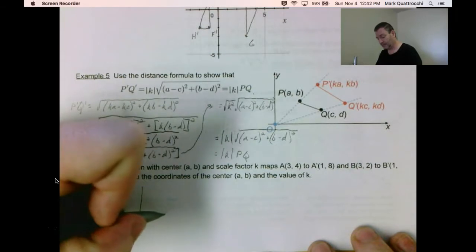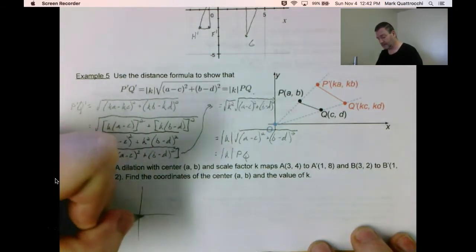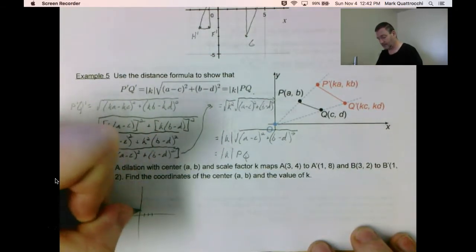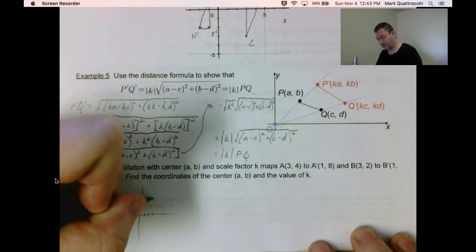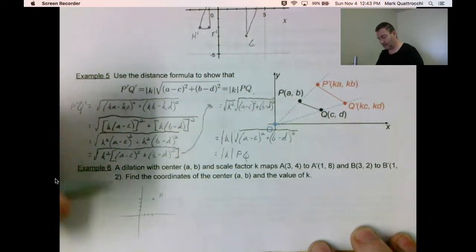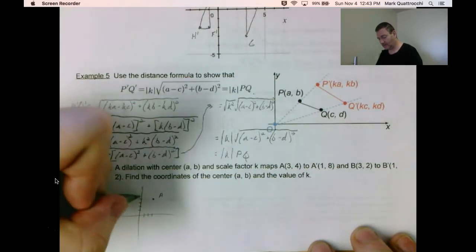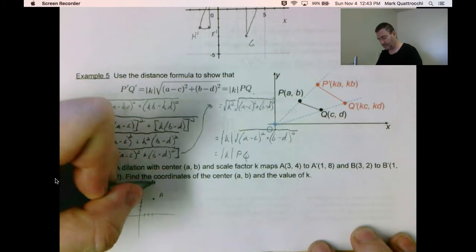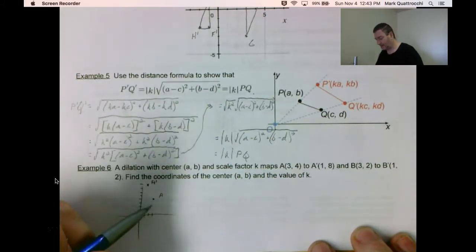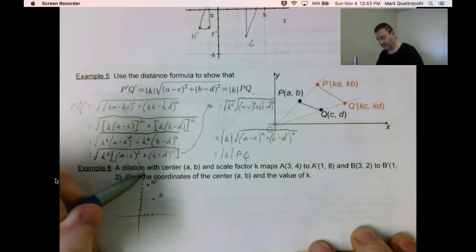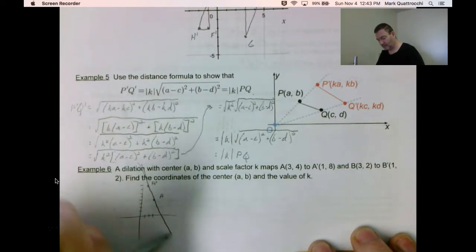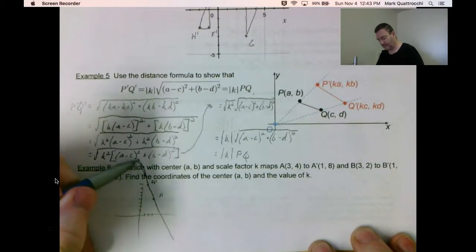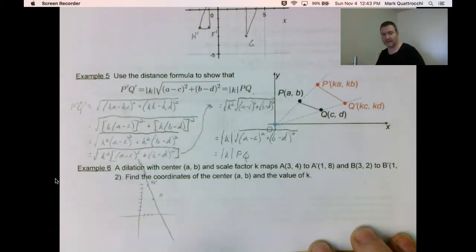If I do a quick sketch of these, here's A. A prime is at 1, 8. Here's A prime. And B prime. So the center of dilation is somewhere on this line. I don't know where, but it's somewhere on this line.